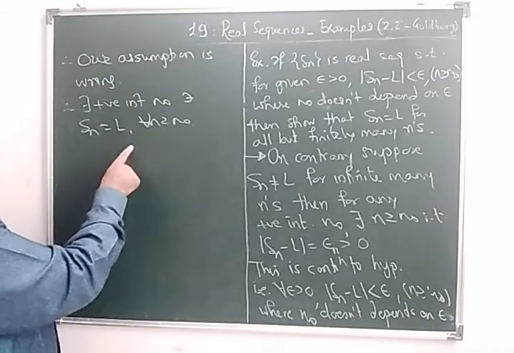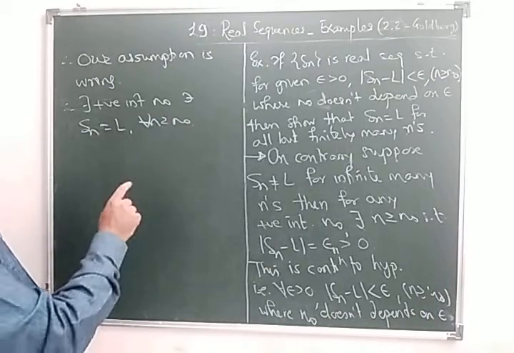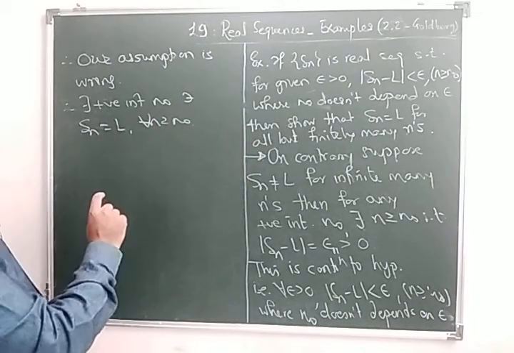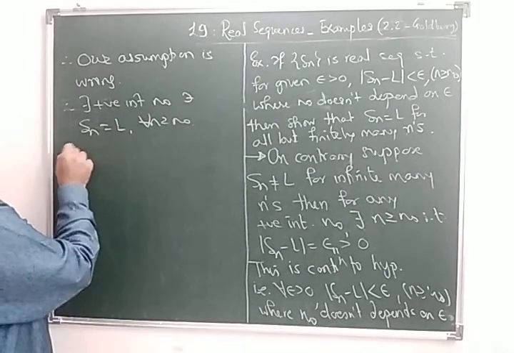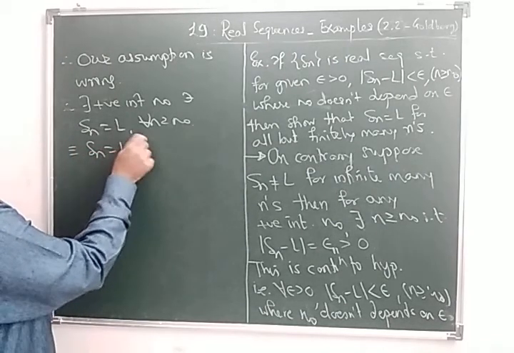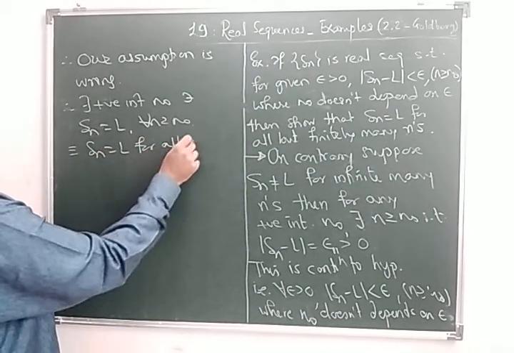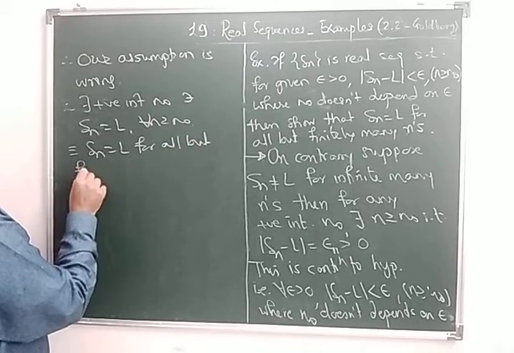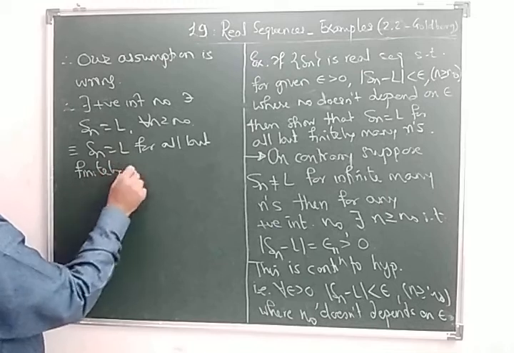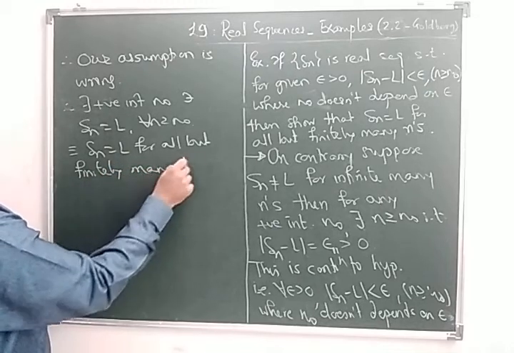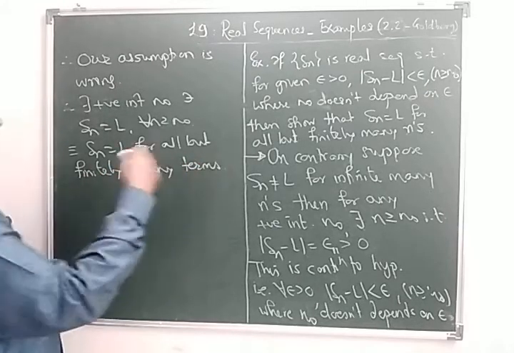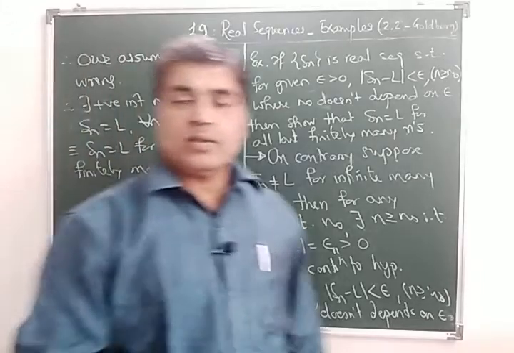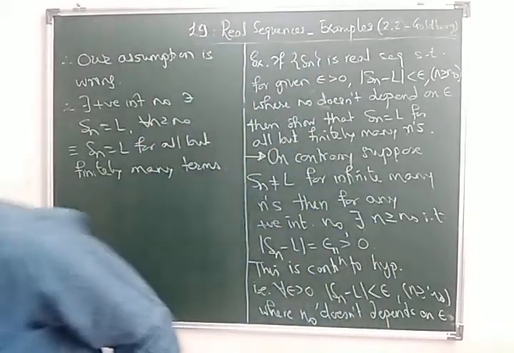Thus Sn is equal to L for all but finitely many n's. This is equivalent to saying that, except for a few terms, Sn takes the value L.